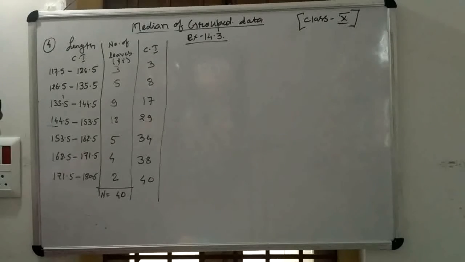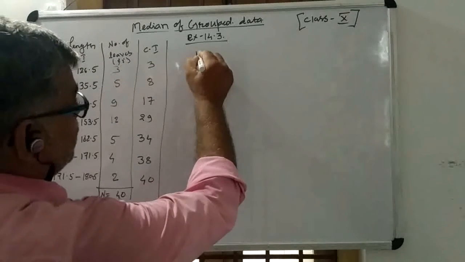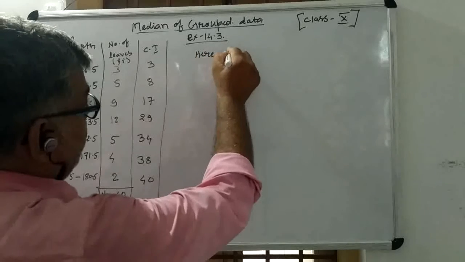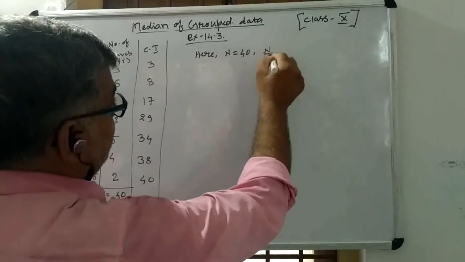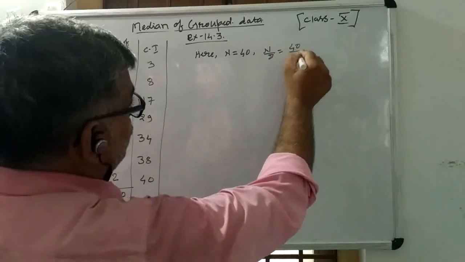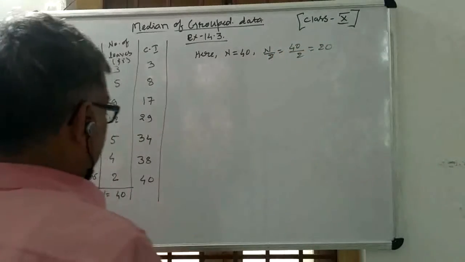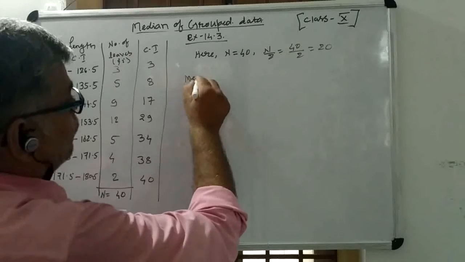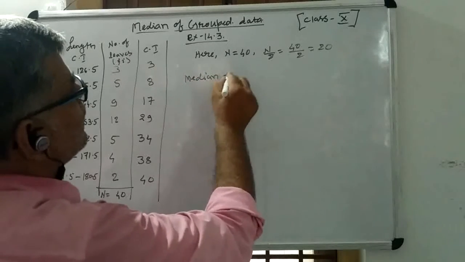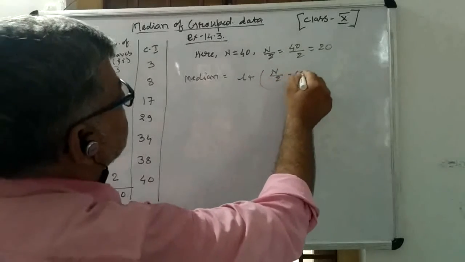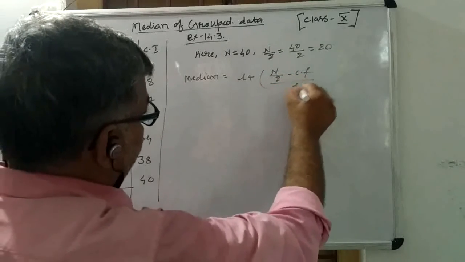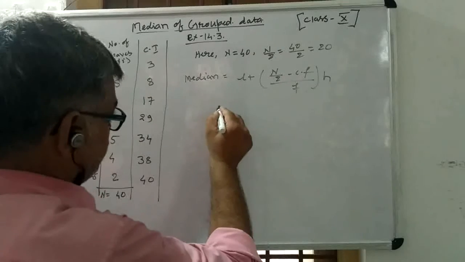Now we need to find the median. Here n equals 40, so n by 2 is 40 by 2, which is 20. Now apply the formula of median: median equals L plus (n by 2 minus cf) by f into h.